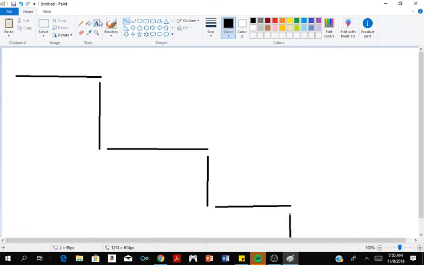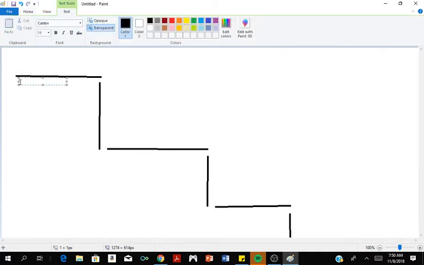Okay, so the first level is position. The definition of position is where an object is in relation to its initial position.